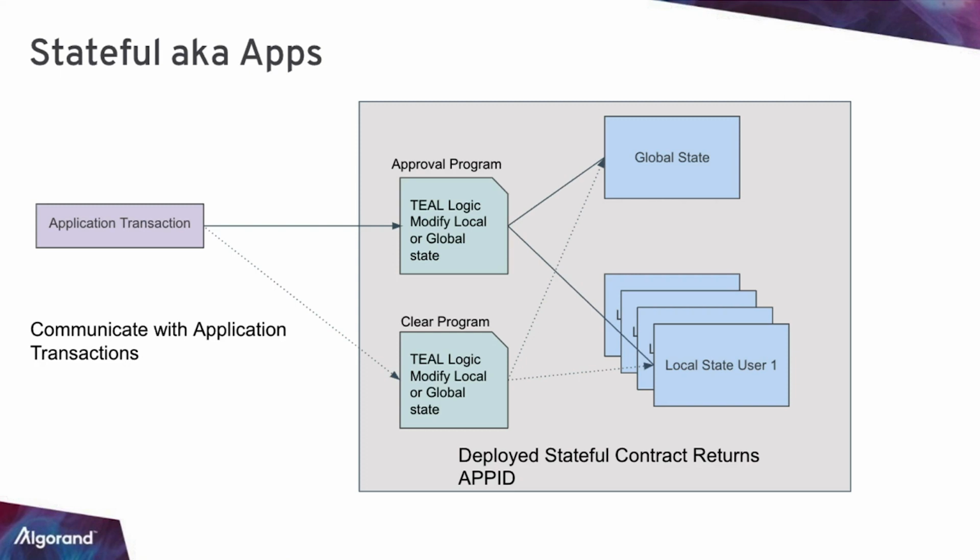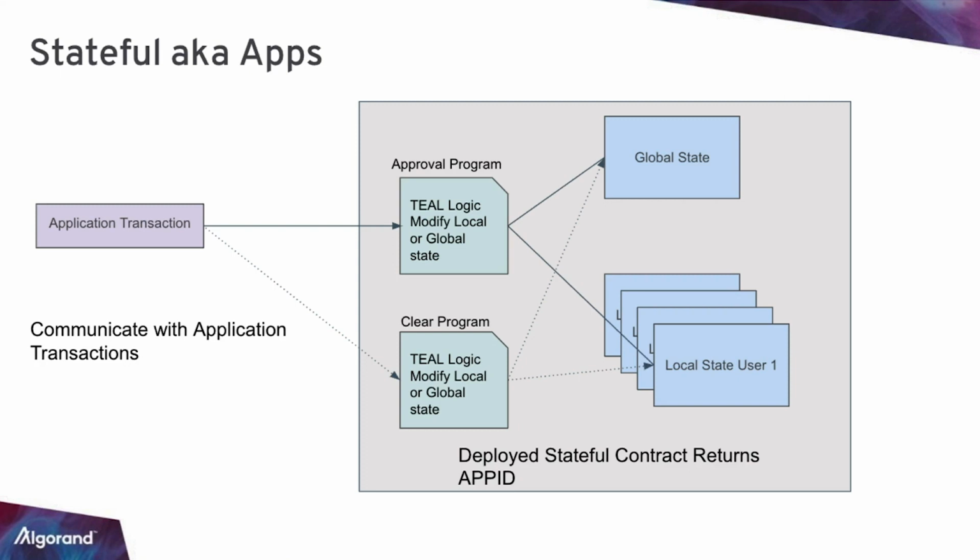And the way you communicate with that stateful smart contract from then on out is with a new transaction type called an application transaction. Now, there's several subtypes of application transactions. We'll cover that in the next slide. But the primary way, your logic is essentially living out on the blockchain. You initiate communication with it with a transaction, and you ask it to do something. And you can supply parameters and things like that to it.